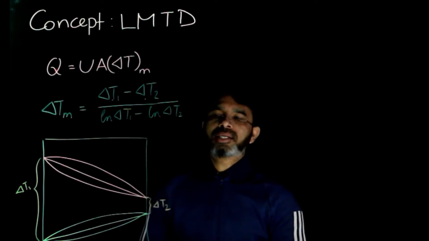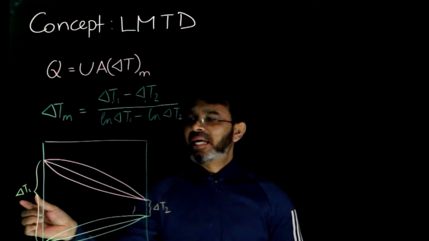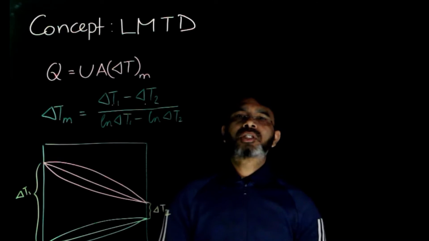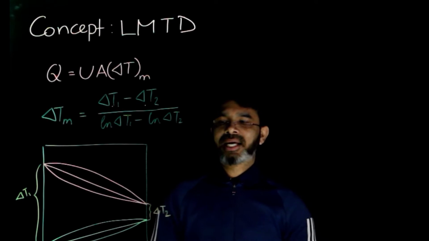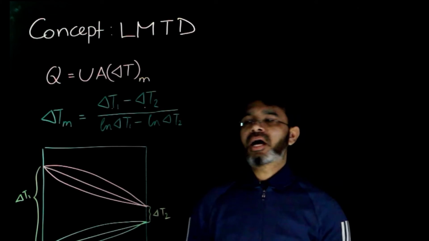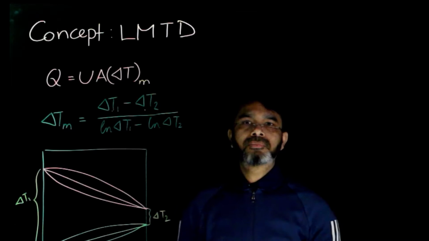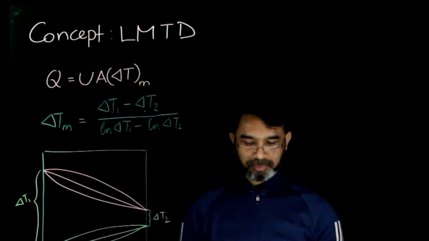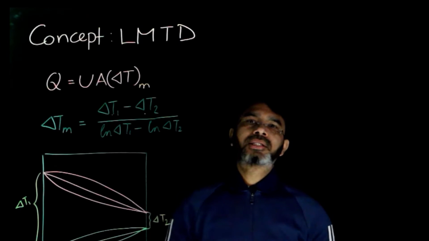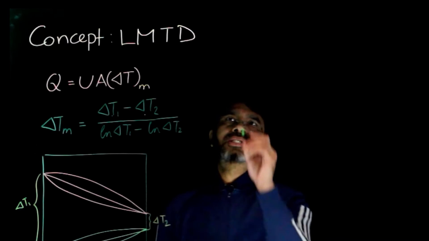Now the question arises, this delta T log mean depends only on the temperature difference of the two fluids at the two ends of the heat exchanger. So does it really matter how the temperature of the two fluids changes inside the heat exchanger? Or are there some assumptions? To get to the assumptions, let's look at a typical temperature profile inside a parallel flow heat exchanger.